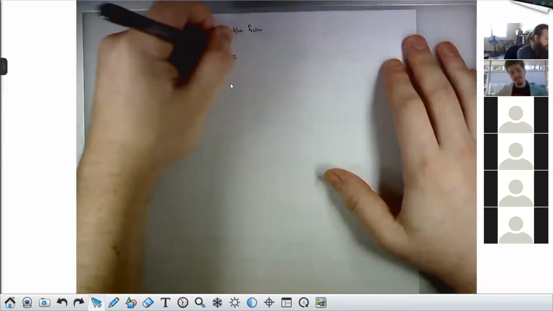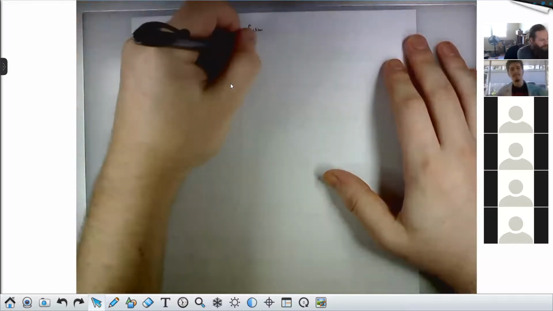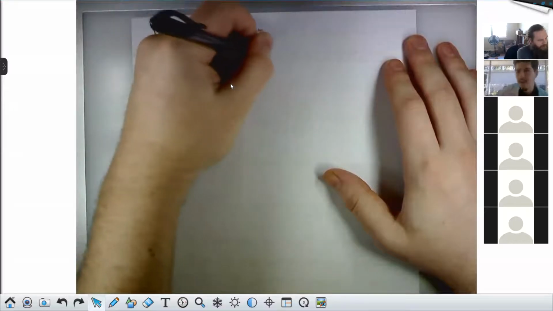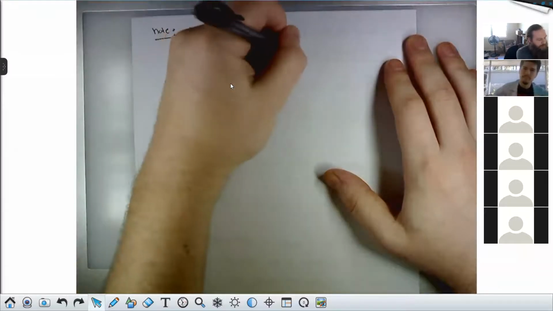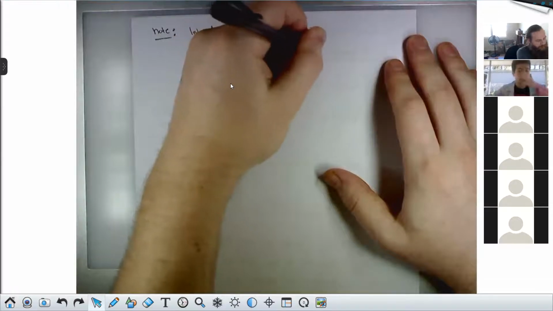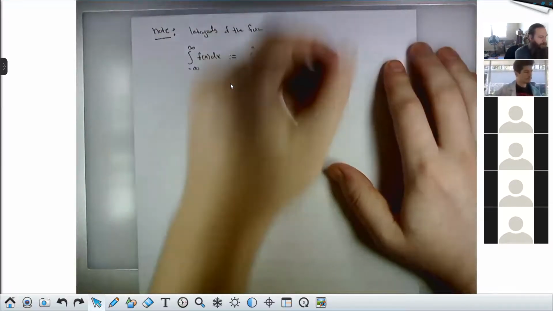These we have to first split them up. This will be like integral from -infinity to some number of f of x dx plus the integral from that number to infinity of f of x dx. And you get to pick a.